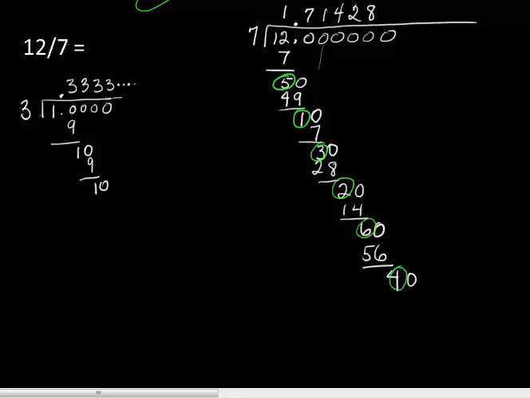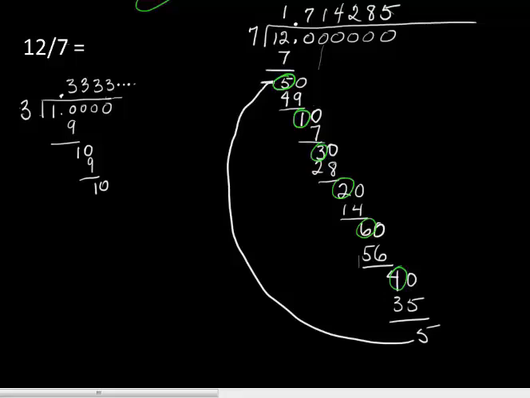And watch how it happens. Okay, so 7 goes into 40. 7 times 5 is 35, remainder of 5. Here we are. This remainder goes all the way back up here, and we have now repeated a remainder. So when I bring down my 0, it's going to go in 7, and I'm going to get 7, 1, 4, 2, 8, 5, etc. It's going to repeat.